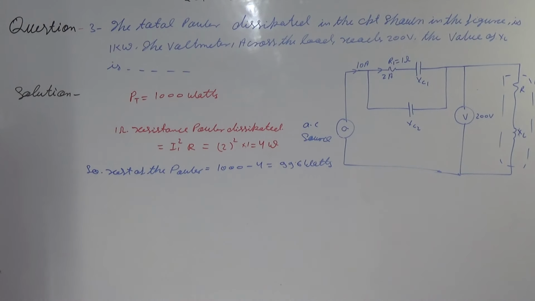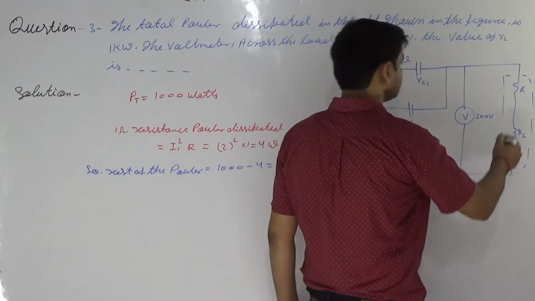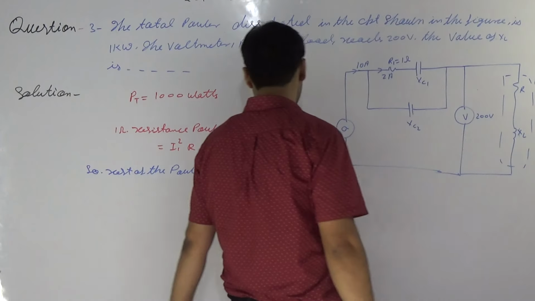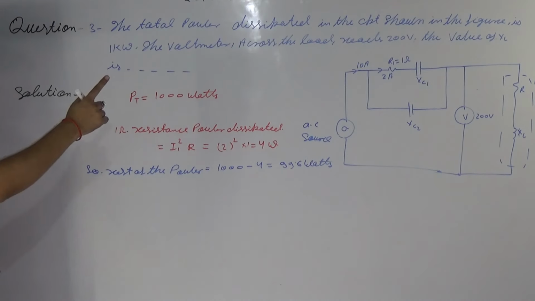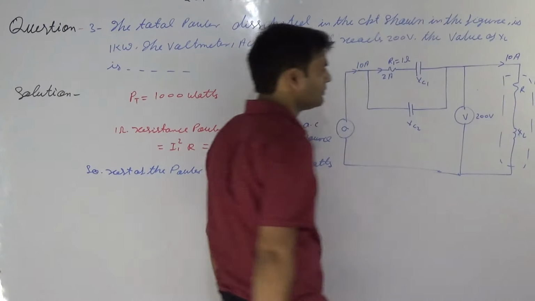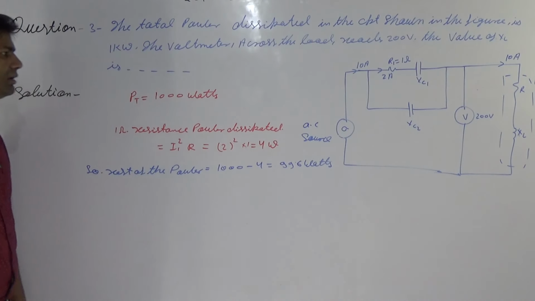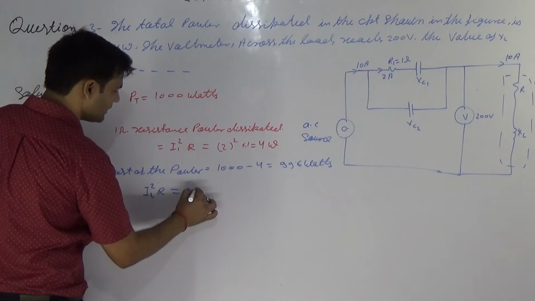Suppose the load is R. The remaining power will equal, with current flowing through this load being 10 ampere, IL square into R, which will equal 996.